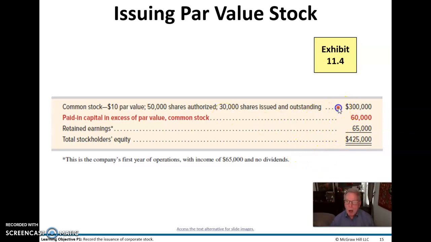We have our common stock, our paid in capital in excess of par, and retained earnings. That's going to show our net incomes since inception, less any dividends that we paid. In this company's first year of operations, its net income was $65,000, so our retained earnings is going to be $65,000. So our total stockholders' equity section of the balance sheet is $425,000.